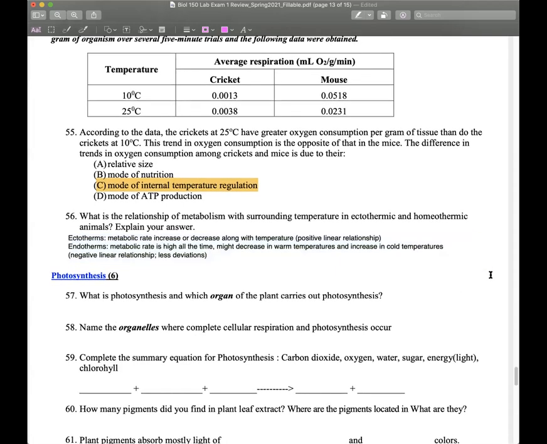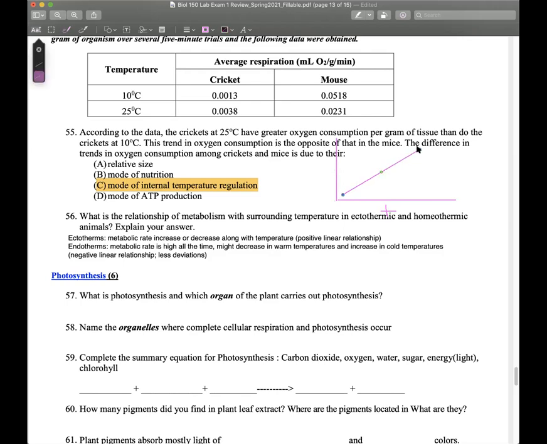But I'm still confused about the ectotherm. Does it go both ways? Is it positive and negative? Because if the temperature is decreasing, doesn't the respiration also decrease with it? I guess it depends on how you're looking at your graph, because remember we like to read graphs from left to right. So if this is temperature, increasing from here to here, and this is oxygen consumption of the cricket, then as temperature increases, his consumption of oxygen is going to increase as well.